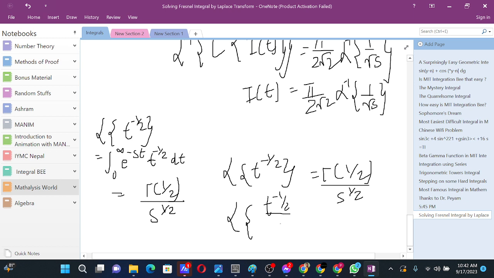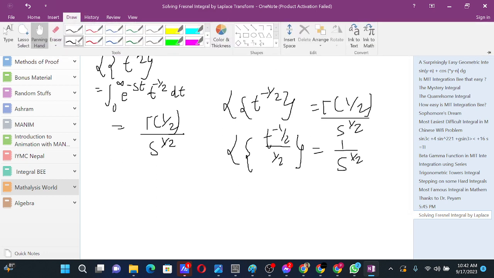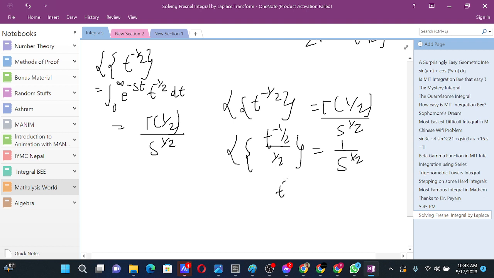So that's 1 by gamma of 1 by 2, and over here it's just 1 by s to the power 1 by 2. Now you can see that the inverse Laplace transform for this integral t to the power minus 1 by 2 by gamma of 1 by 2 is the inverse Laplace transform for this 1 by s to the power 1 by 2.